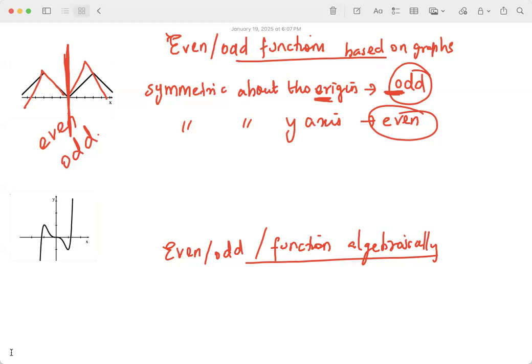Second function, is it even or odd? Please volunteer. Yes, Pranav, that's correct. Go ahead, Arya, that's correct. Siddhi, can you check, is it symmetric about the origin or the y-axis?